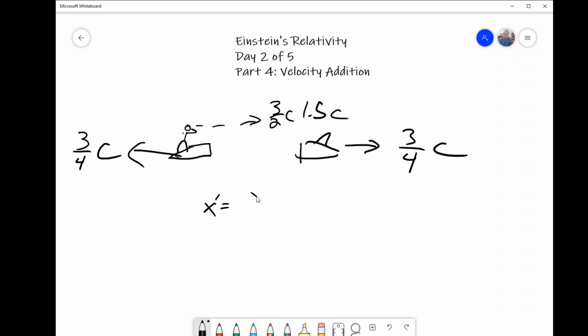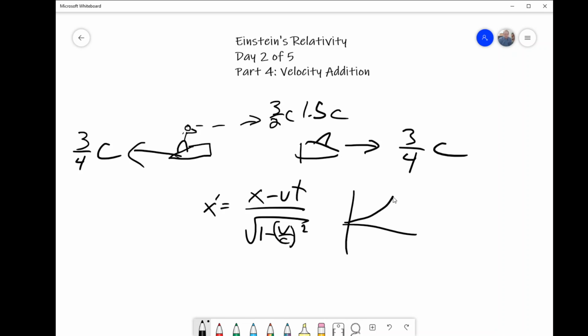If our position is given by this formula, then one of the things you'll notice, if you were to graph this in terms of v, is that it goes asymptotically at v equals c, which means we can never hit the speed of light.